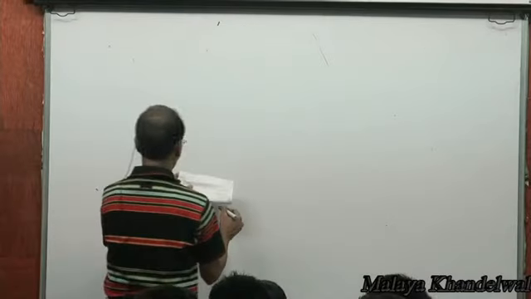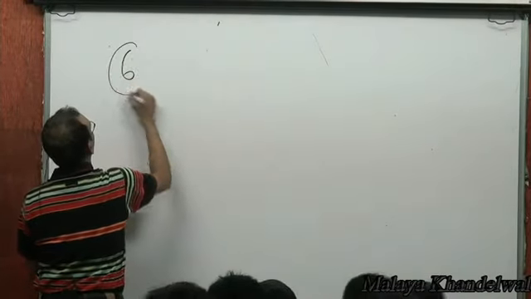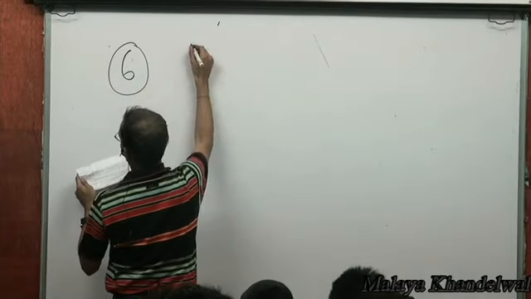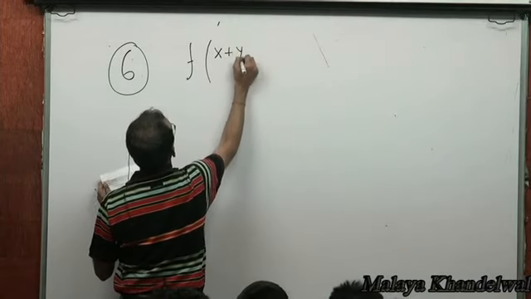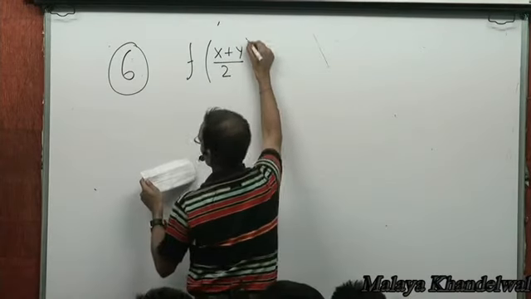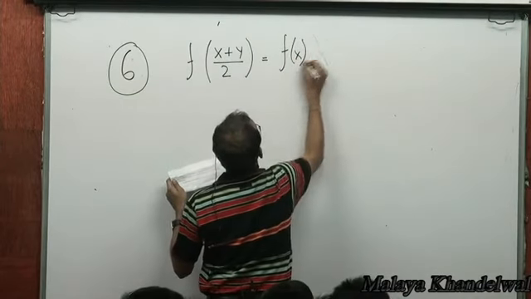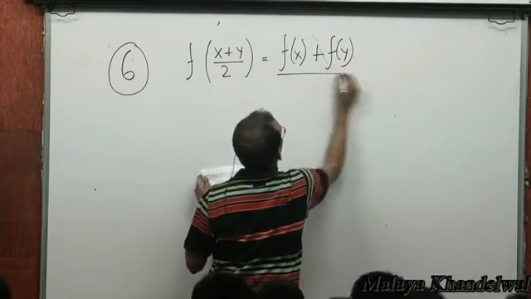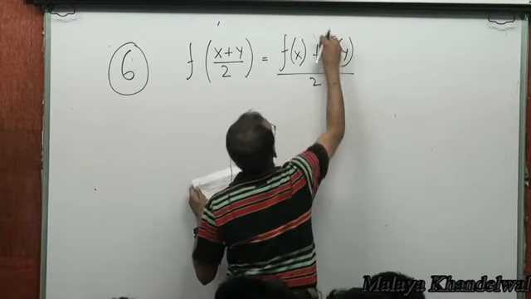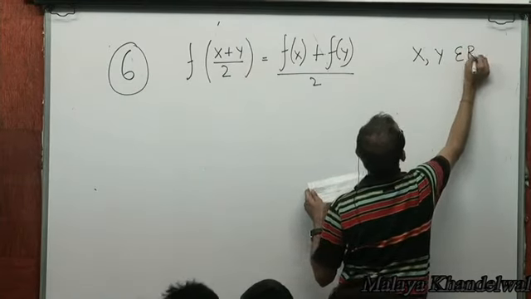Okay, the functional equation, like you can see here, is f of (x plus y) by 2 equals (f(x) plus f(y)) by 2 for all x, y belonging to the set of real numbers.